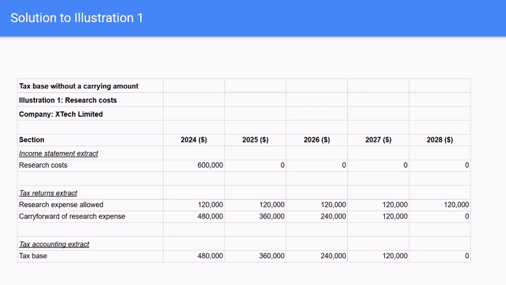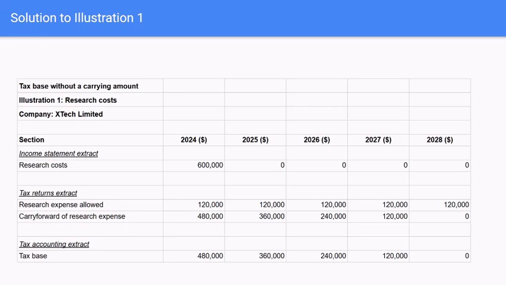And this is assuming that there will be sufficient taxable profits in future, because there are certain rules that may stop us from recognizing the deferred tax consequence. But for now, we assume that there are no restrictions. And so the 480 is available to be deducted in future periods, and that forms our tax base at the end of 2024. And you follow that same principle from 2025.